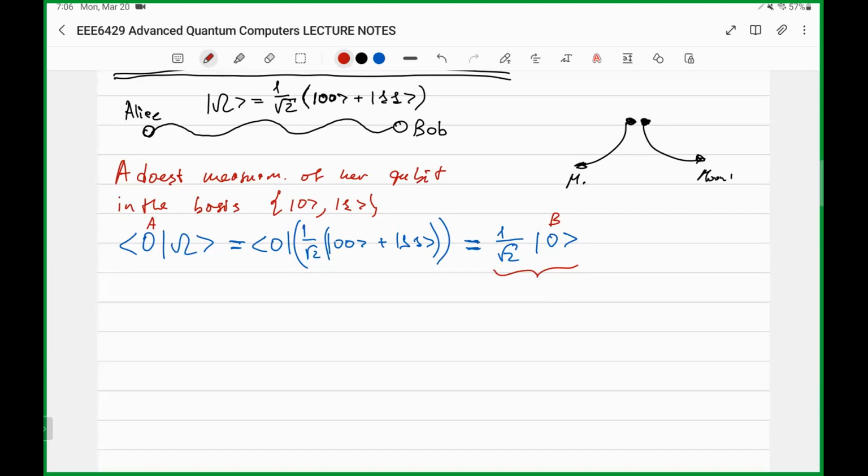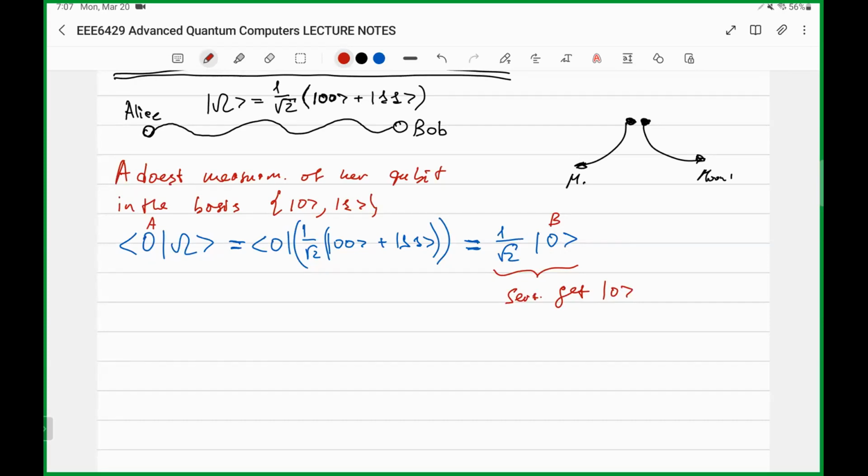And now, if Bob does the measurement of his qubit, he will certainly get state 0 and no state 1.